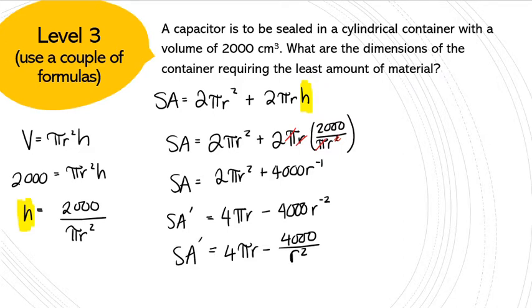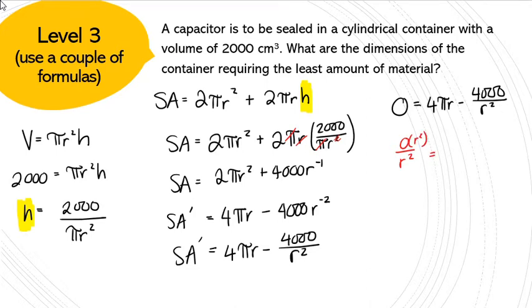Okay, this is a little messy. I want to make it so I can easily solve this equation. 0 is equal to 4 pi r minus 4,000 over r squared. So what I think I'm going to do is use r squared as a common denominator and put all the terms over r squared so I can combine them. We know where this is going.